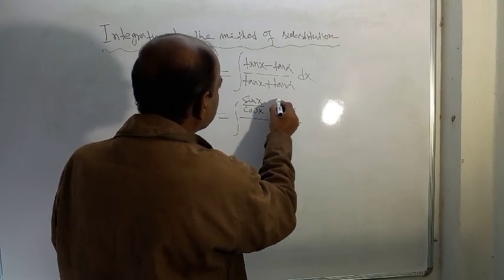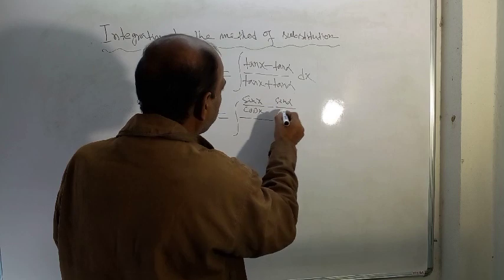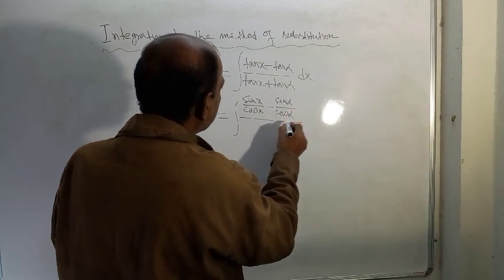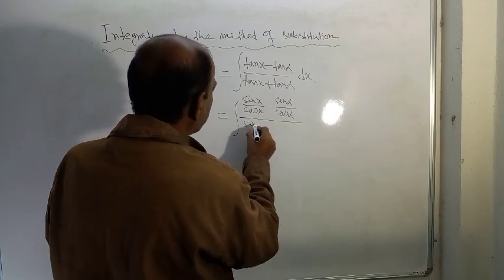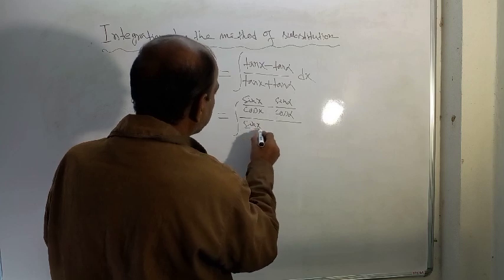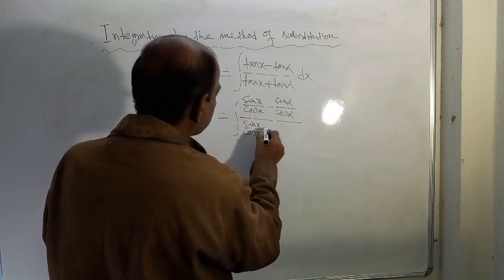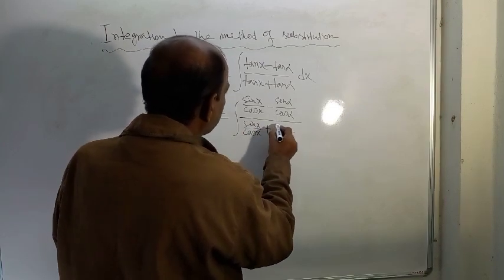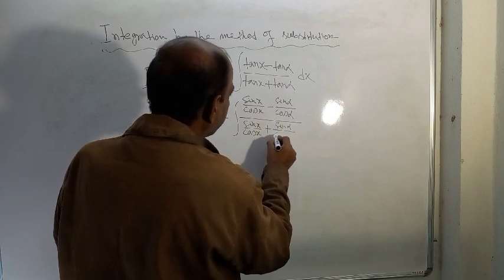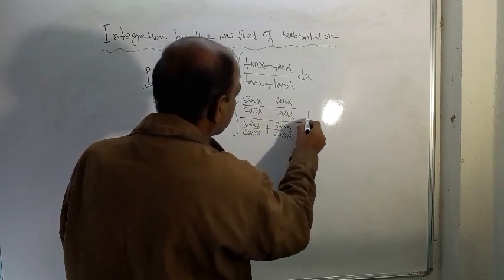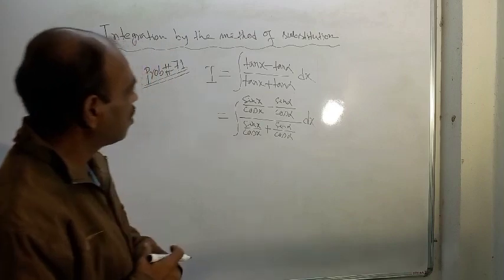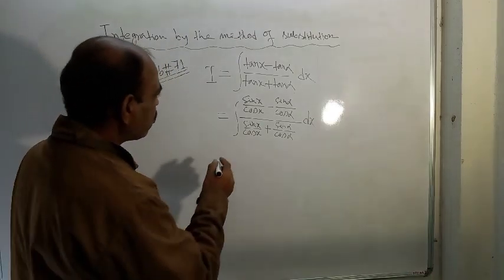Similarly, tan alpha is equal to sin alpha by cos alpha. In the denominator also the same thing, sin x by cos x, here sin alpha by cos alpha, and this dx is there. Now, what is the result?